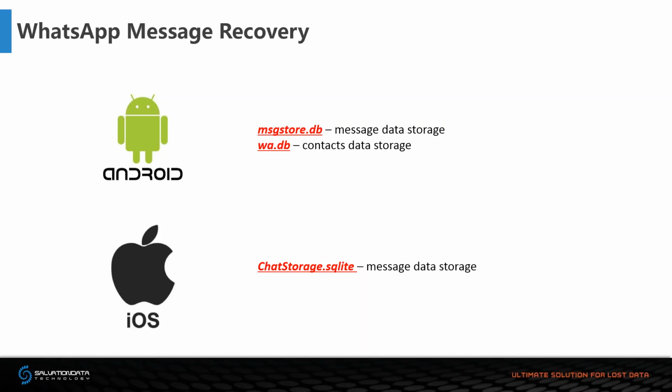And for iOS, WhatsApp chat history and message data is stored in a database file called chatstorage.sqlite. So by using our technology, deleted WhatsApp messages can be recovered no matter it is an Android or iOS smartphone. So next, we will use Android, for example, to see how to recover deleted WhatsApp messages.